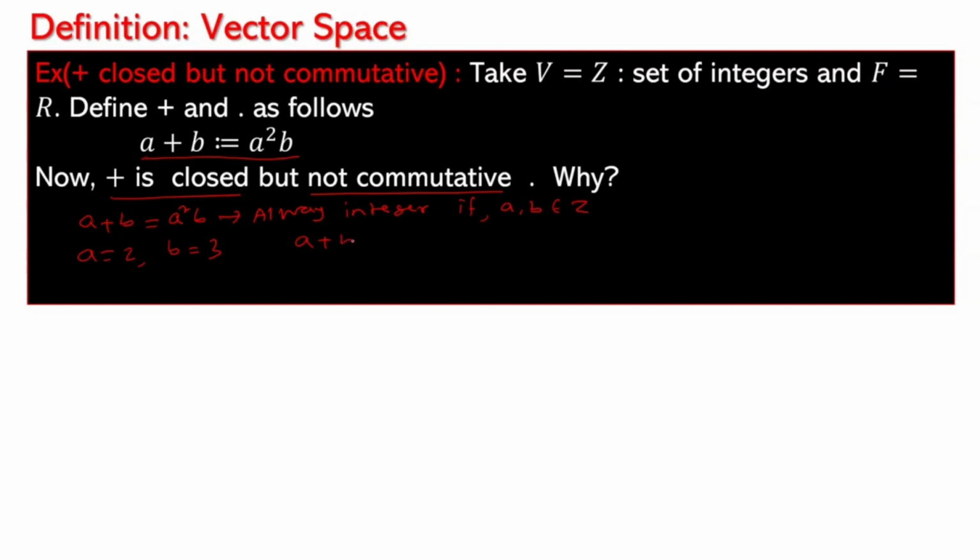Then a plus b is equal to 2 square times 3, so 4 times 3 is 12. But b plus a is equal to 3 square times 2, so this is 18. So in this case, a plus b is not equal to b plus a, hence this is not commutative.